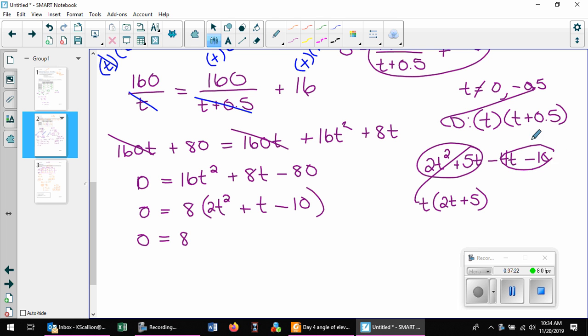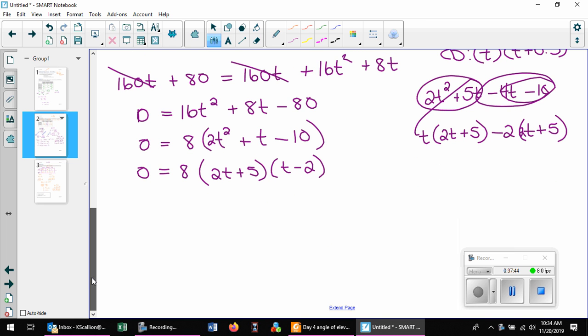I look at these two and take out a minus 2. And I'm going to be left with, hang on, 2T plus 5. So my factors are 2T plus 5 and T minus 2. Okay, so we are going to solve these.